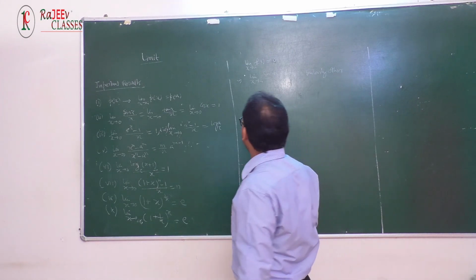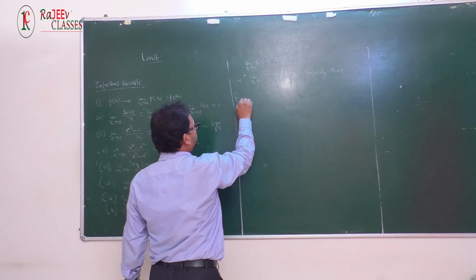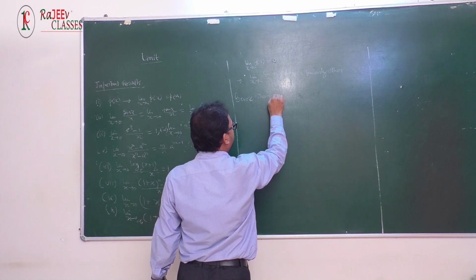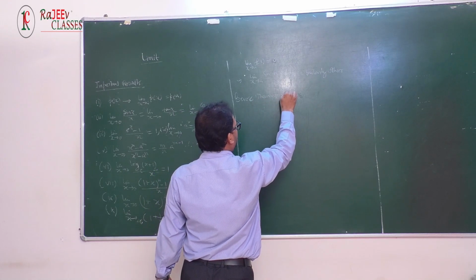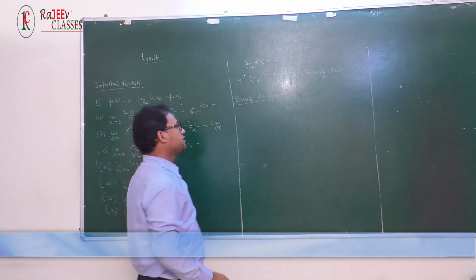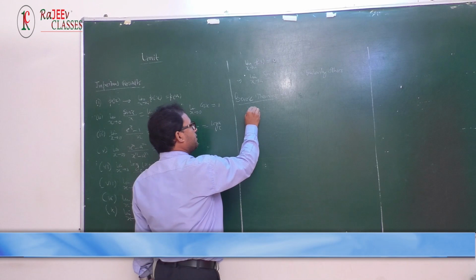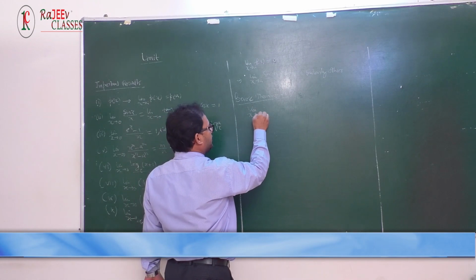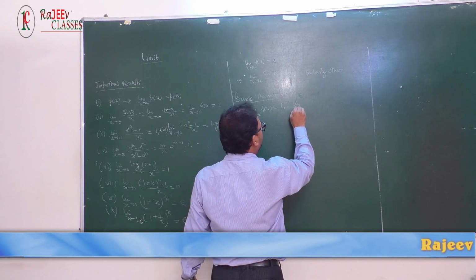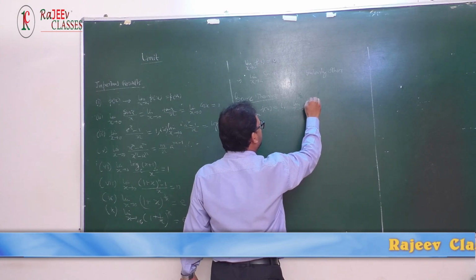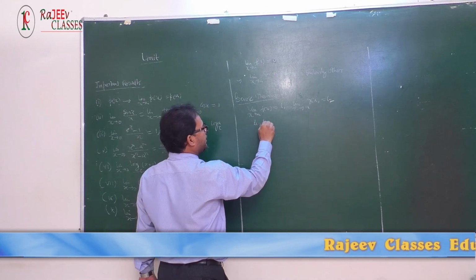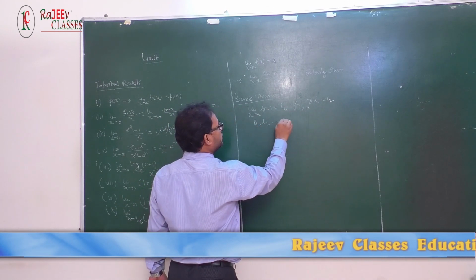Now there are some basic theorems in limit. Suppose there are two functions, f(x) and g(x), and limit x tends to a, f(x) is equal to l1, limit x tends to a, g(x) is equal to l2, where l1 and l2 both are finite.